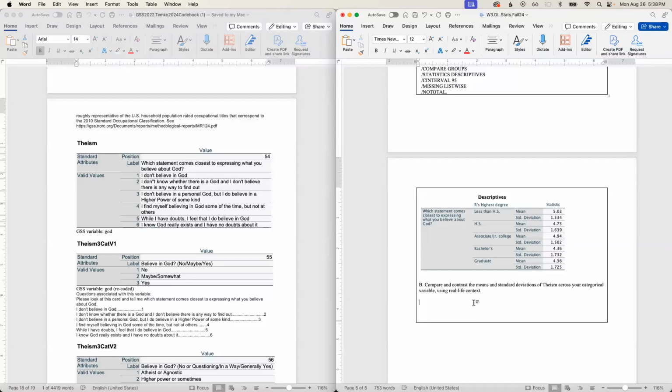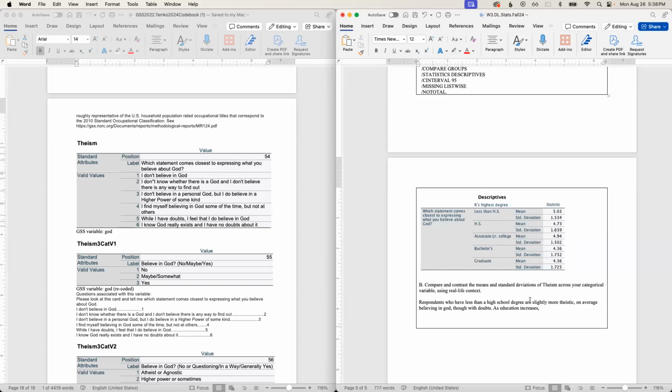But we can find that those who have less than a high school degree, respondents, are slightly more theistic. They're higher, on average believing in God, though with doubts. As education increases, as degree goes up, we're seeing this go down a little bit.